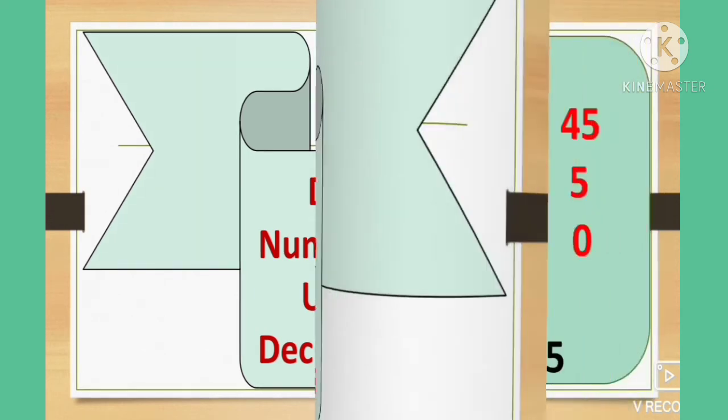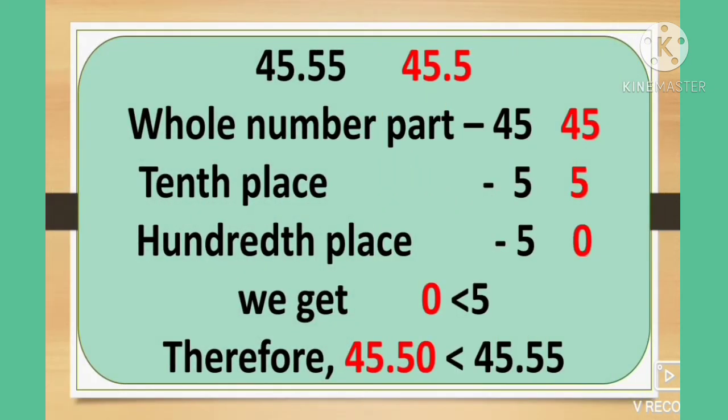Let us now compare the numbers 45.55 and 45.5. In this case, we first compare the whole number part, isn't it? We say that the whole number part for both the numbers are equal. Here 45 is the whole number part and here 45 is the whole number part.